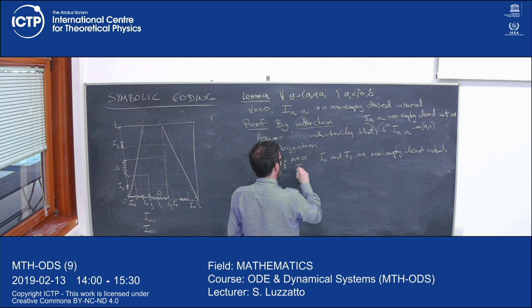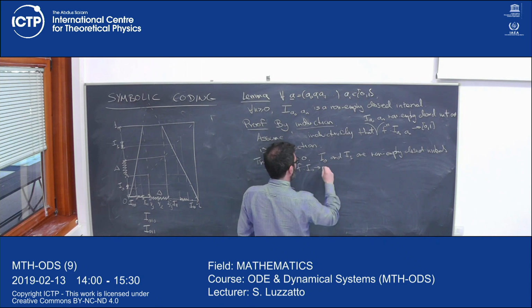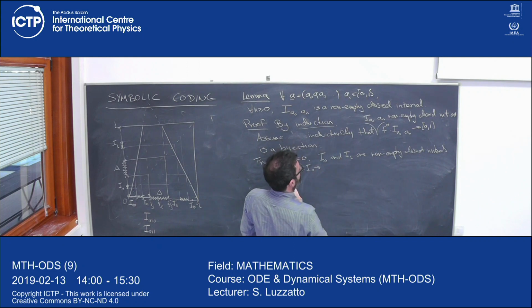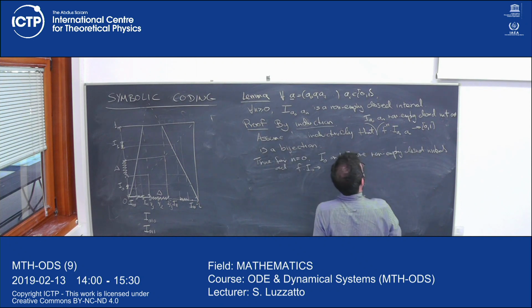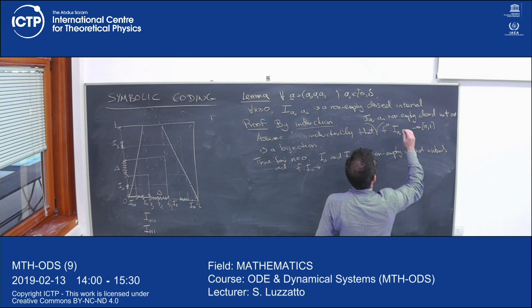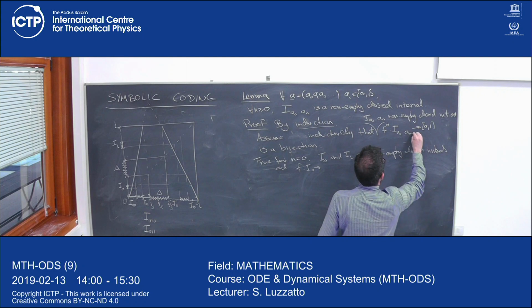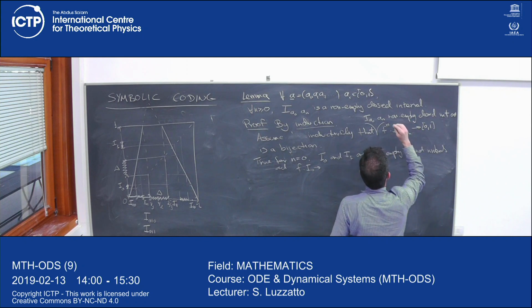And f from I0, have I got the indexing right? So this should be n plus 1.